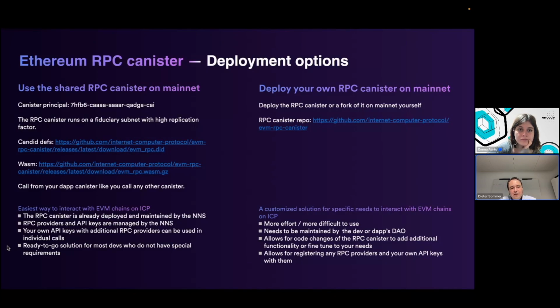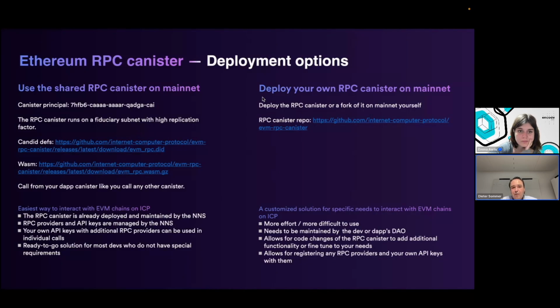And if this is not enough for you, so you have more specific requirements, you can deploy your own RPC canister on mainnet. So you can just fork this RPC canister, you can deploy it verbatim, or you can modify it also if you want to, for example, do whatever modifications that your specific use case requires.